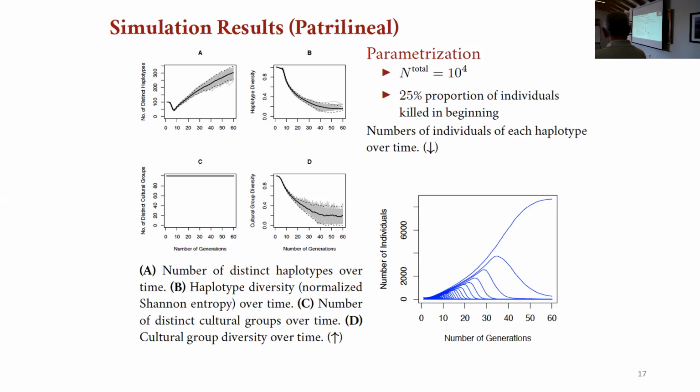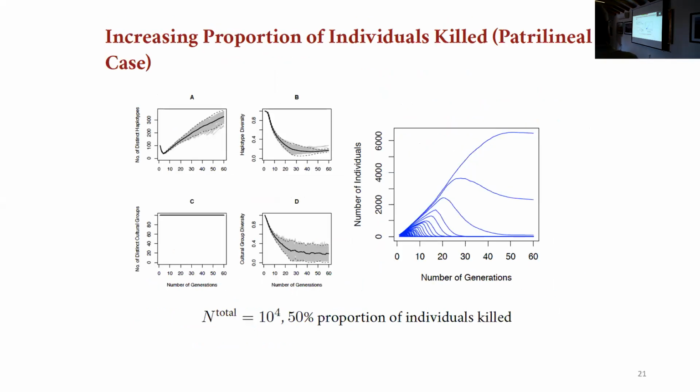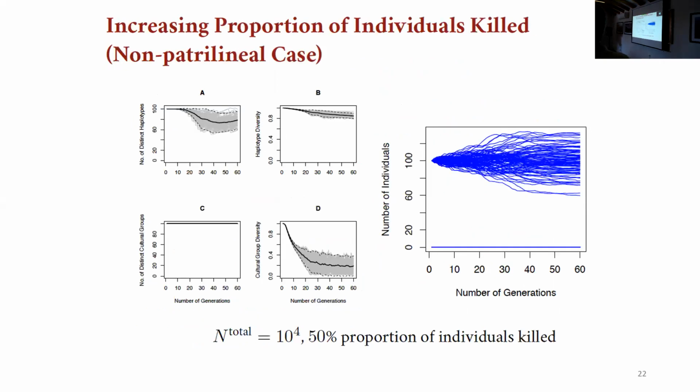And it doesn't depend on how hard the competition is. This is what happens in the non-patrilineal case, where you don't have that competition. A totally different distribution of the Y chromosome hitchhiked cultural diversity.